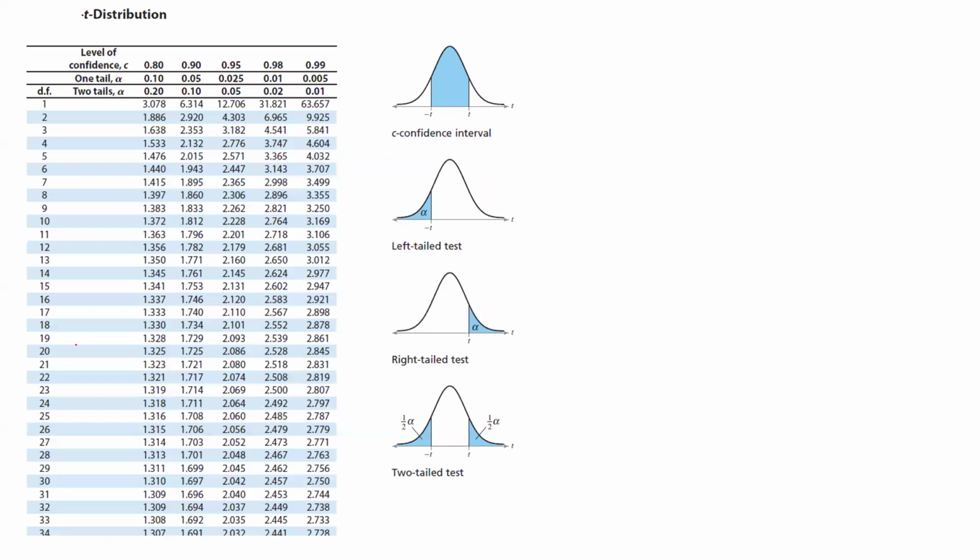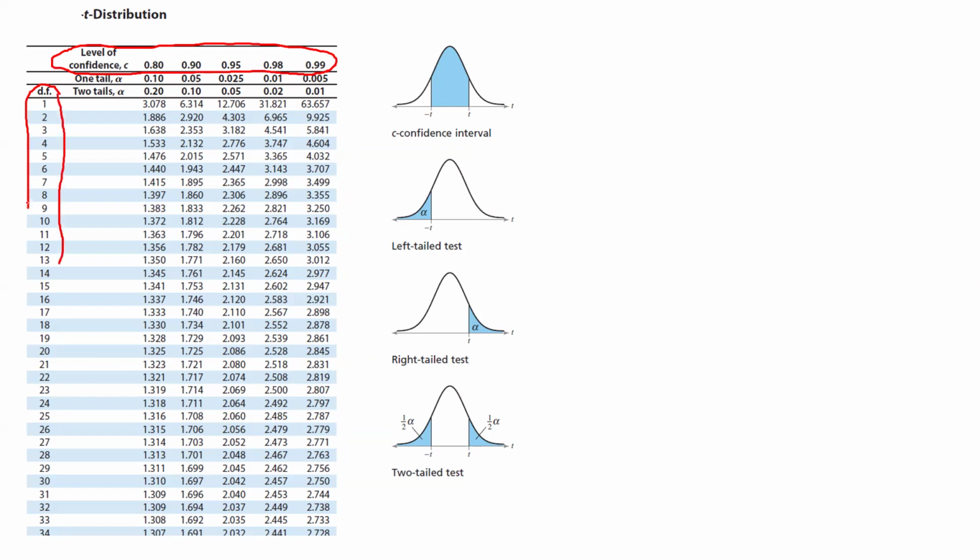You can use a table or software or a calculator to calculate the critical value t sub c. On the very first row, you have the level of confidence c: 80%, 90%, 95%, 98%, 99%. The degrees of freedom are all located on the very first column.